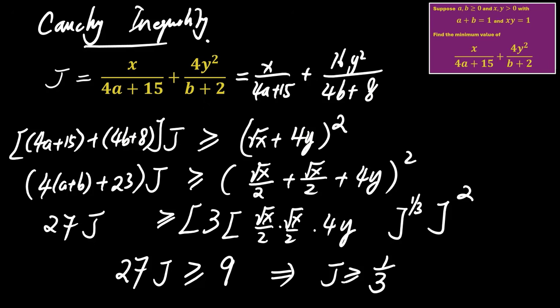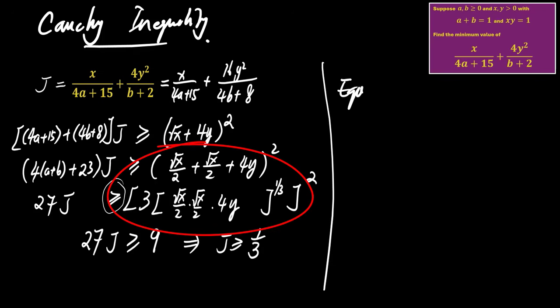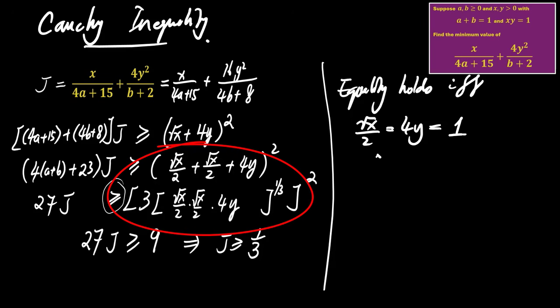So actually for this method, we are using both the AM-GM and Cauchy inequality. There are two techniques involved. For this one, the equality holds if and only if square root x over 2 equals 4y. And since the final answer is 3, each one has to be equal to 1. So x has to be 4 and y has to be 1 over 4.